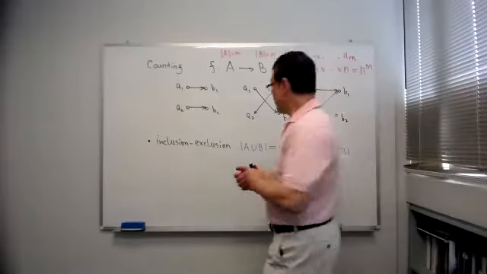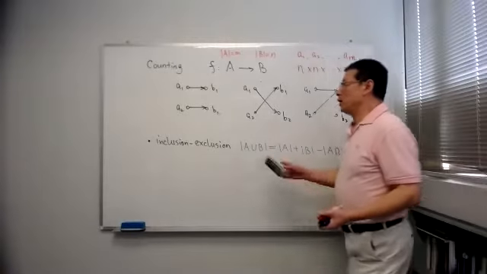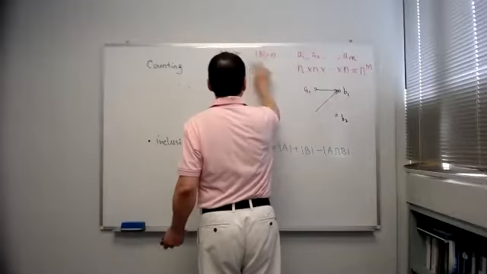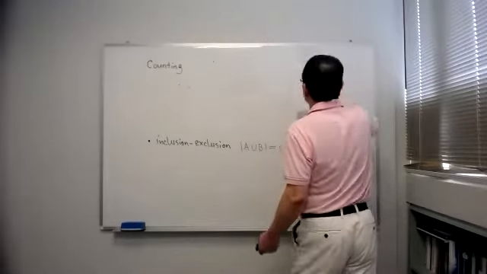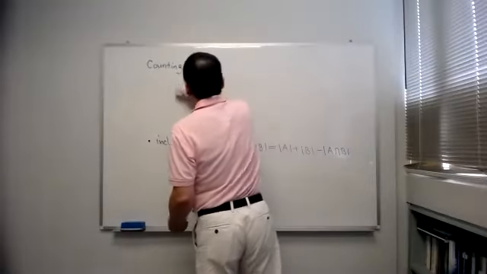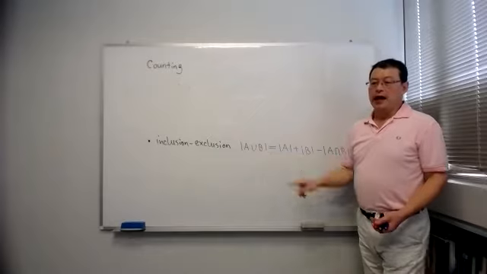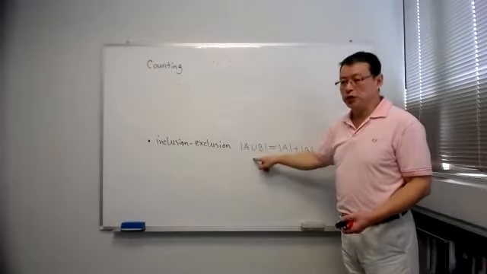All right. Now the inclusion-exclusion rule or principle. The very basic one is with two sets. Actually, the sum rule is a special case of this rule.